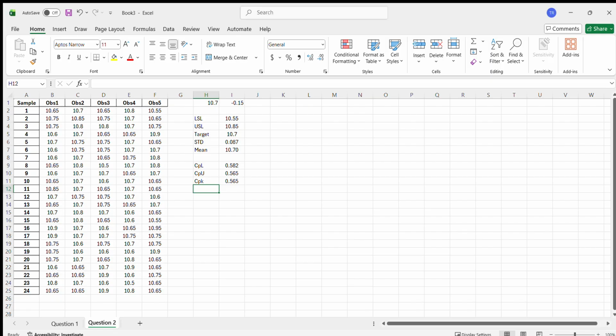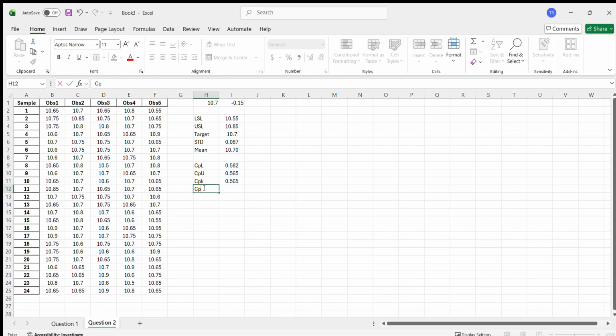The reason why we're going with CPK is because CPK is more reliable than just the CP. So we'll find the CP just to show you the difference.